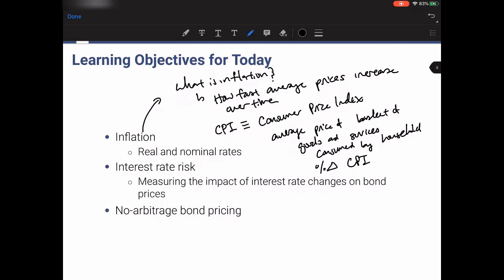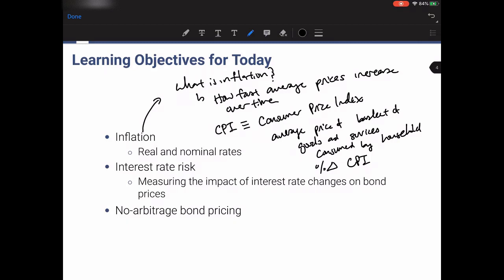The reason why inflation is important is because inflation is going to impact our purchasing power of real goods and services over time. And so even though we're earning interest on a specific asset or deposit at a bank, those interests could be eaten away by an increase in costs of living or the fact that there's more money circulating in the system.